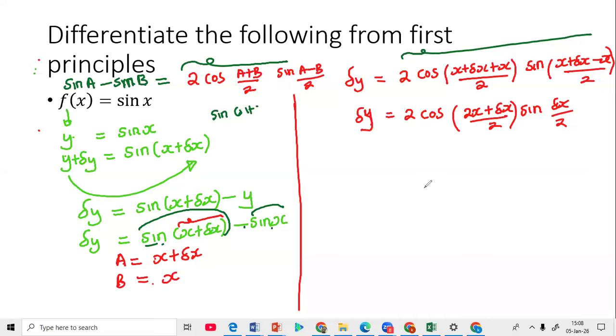Samsung, I'm just also lost where you are substituting that factor formula of sine A minus sine B. Samsung, are you noticing that our A is x plus small change in x?